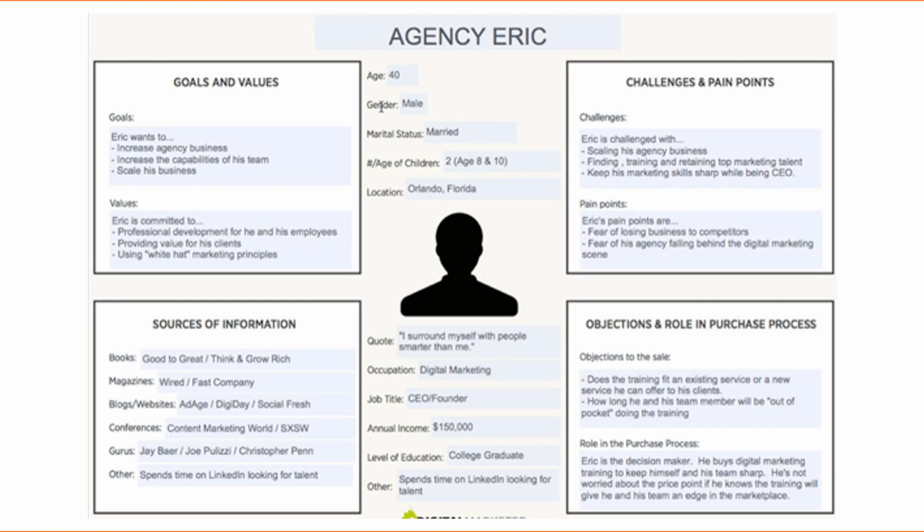You can see that here you can put information about the person: age, gender, marital status, whether they have children, ages of the children, where they live, the challenges and pain points, goals and values for the person, sources of information that the person wants to use to access. You have as well the occupation, job title, annual income, level of education, objections as well.